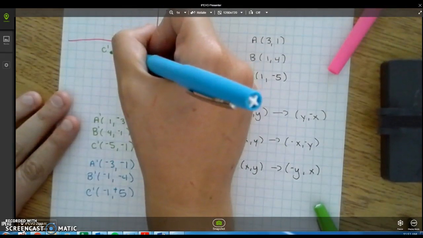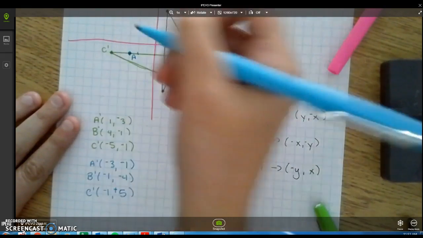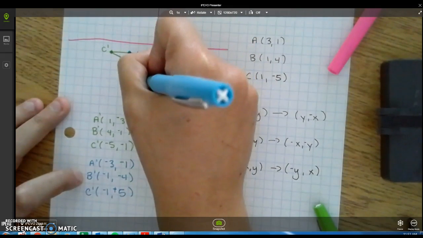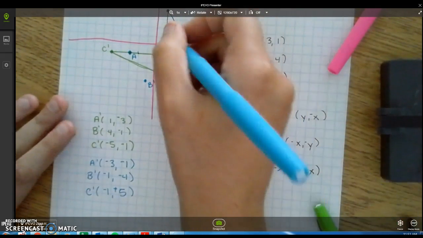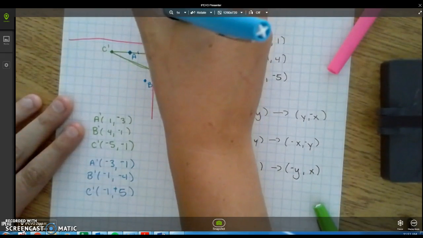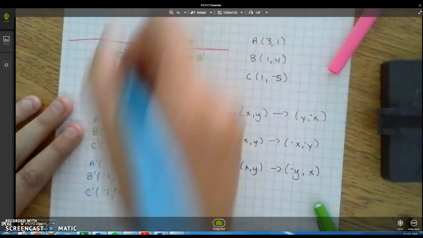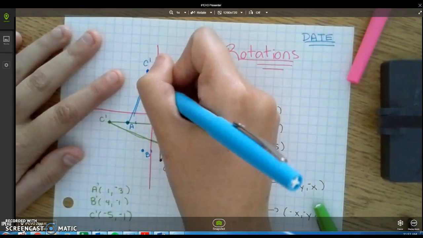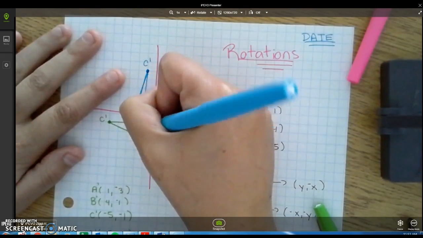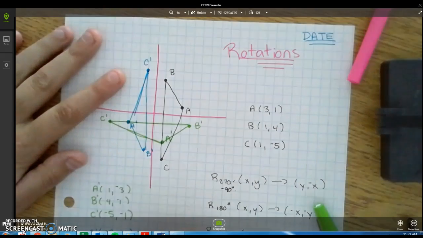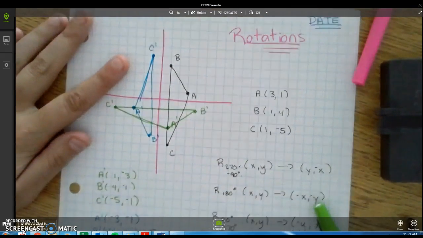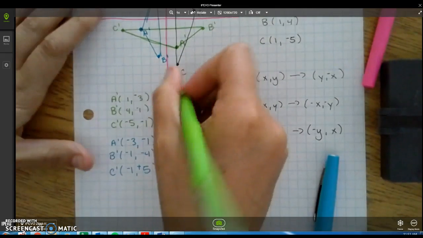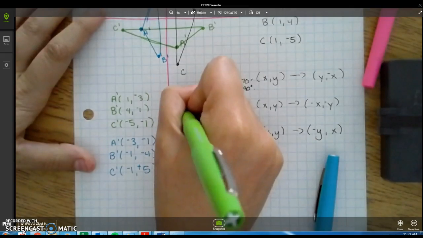Okay. Now I can attach those. And there I have my rotation of 180. Let's go back and write beside it. This was rotation 270.